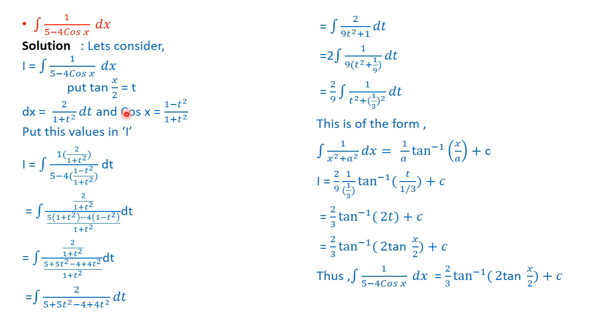Now substituting the values for dx and cos x in this I, we get 1 into 2 by 1 plus t square upon 5 minus 4 into 1 minus t square by 1 plus t square dt, that is equal to 2 by 1 plus t square upon, now take this 1 plus t square to this one, to equalize the denominator.